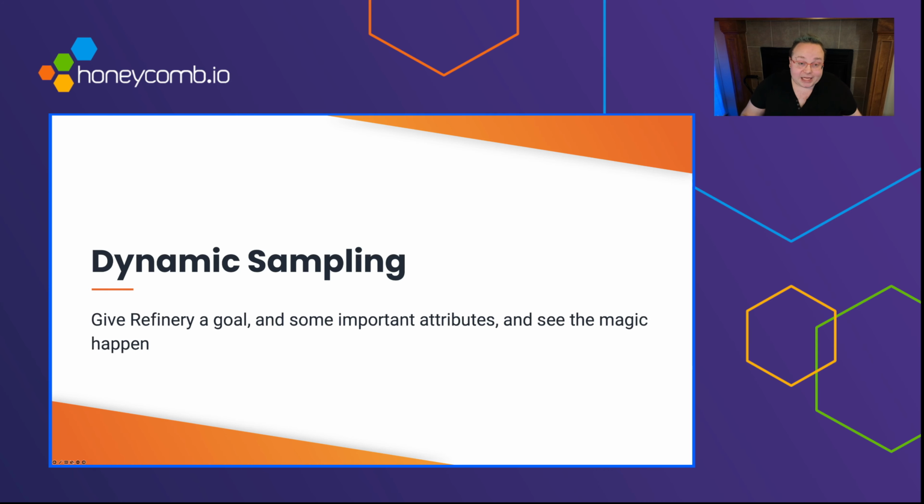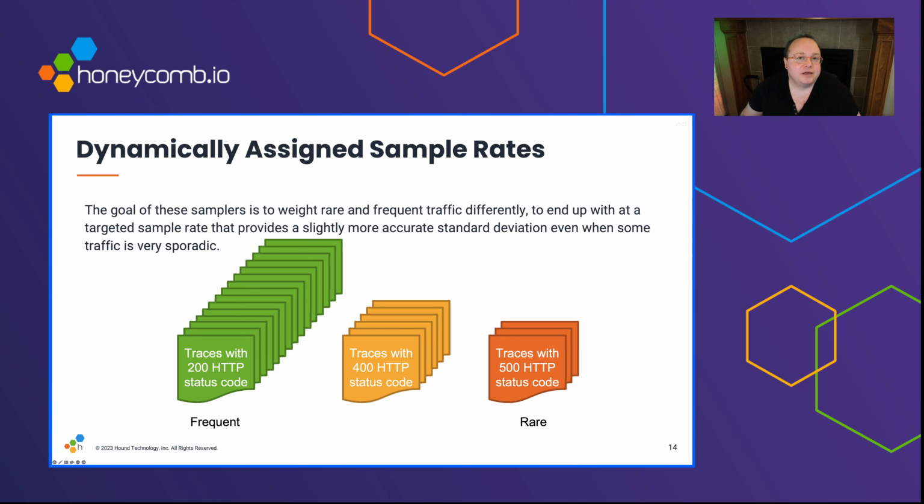Getting into a little bit more magic that Refinery does, we have dynamic sampling. The goal of the dynamic samplers is basically to weight rare and frequent traffic differently, so that we can end up with targeted sample rates that still maintain an accurate standard deviation, even when traffic is varying or sporadic, so that you still get high fidelity on the rarer traffic that is going to be more interesting when you're analyzing things.